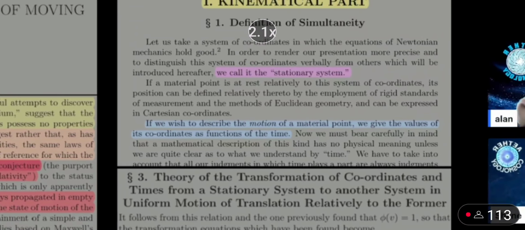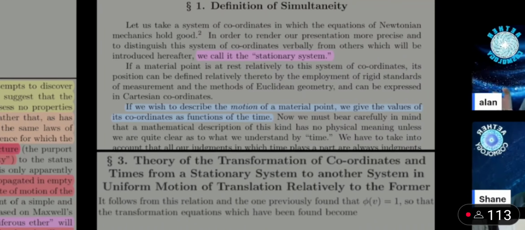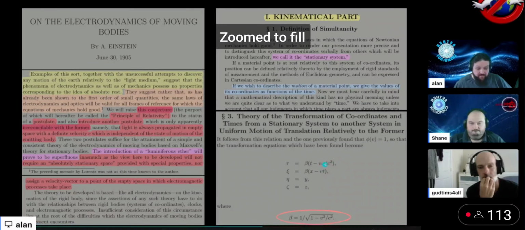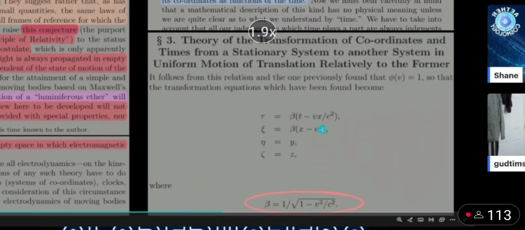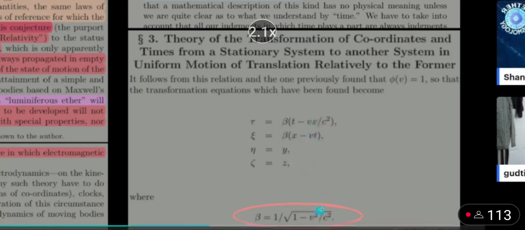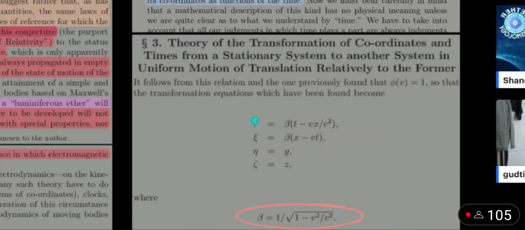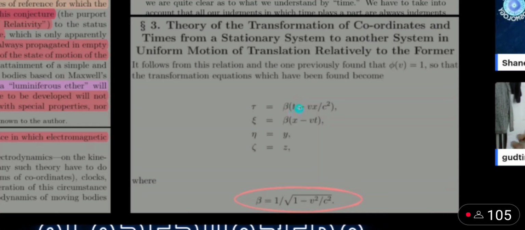You have to take the source, you have to take the detector, and you have to describe their timing and velocities, their change in space and time with respect to their velocity, using the Lorentz transformation. So what this equation says is how fast you're moving is going to change your measuring rod, right? And it's also going to change your clock as a function of your velocity.